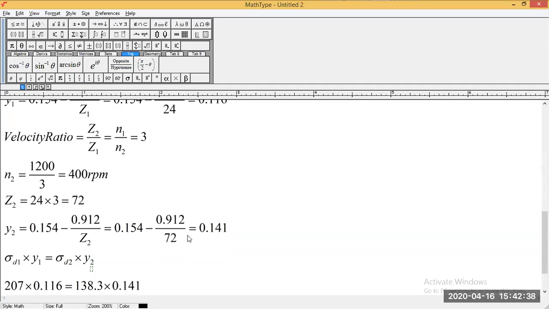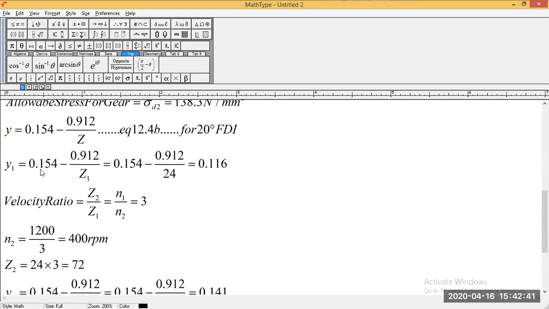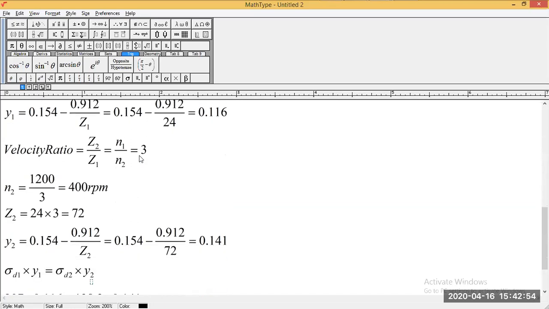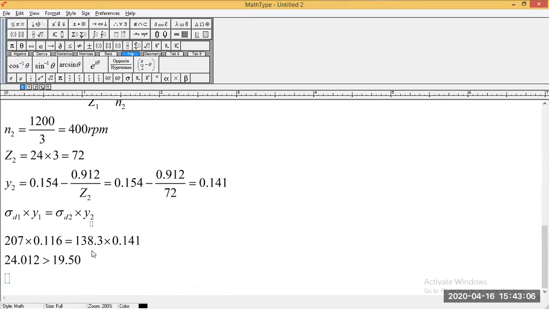Okay, for pinion, check out if my values are correct once again. 0.912 over 24, 0.154 minus this. Yes, this is correct. And 0.912 over 72, 0.154 minus. So yeah, I think we're correct. So we got gear as a weaker member here.